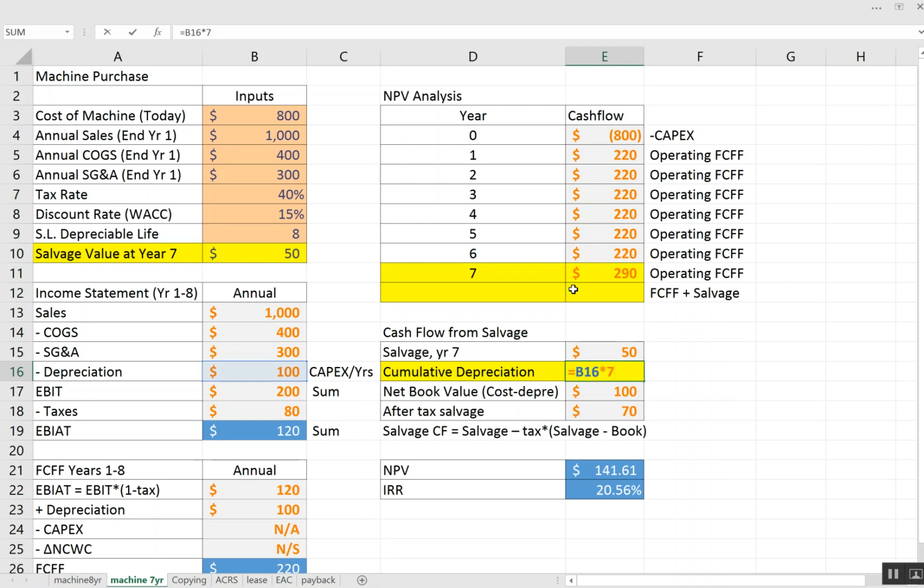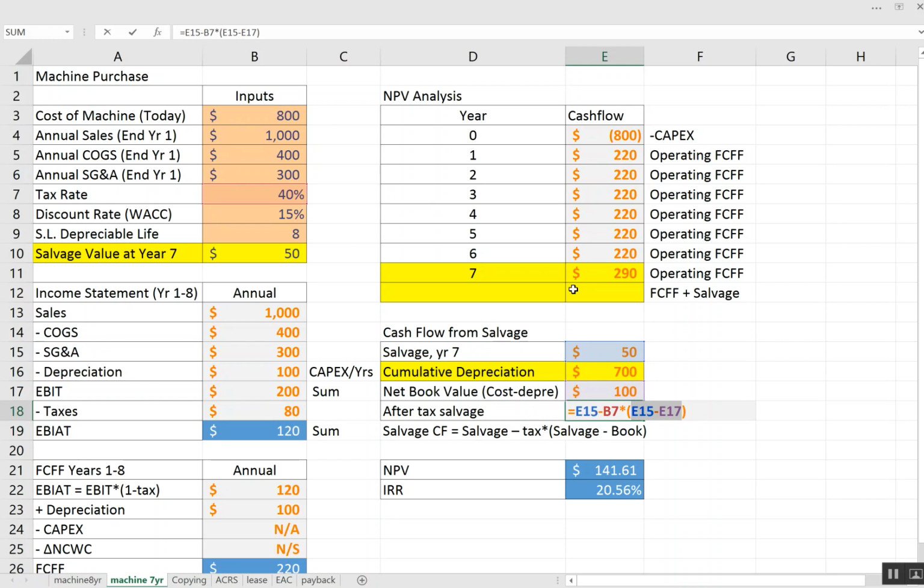At the end of the 7th year, I've only depreciated $700 as the cumulative depreciation. So my net book value is $800 minus $700, which is a book value of $100. So my after-tax salvage value is the 50 minus the tax rate times 50 minus 100. Now, according to the IRS, we're losing $50 on this asset, right?